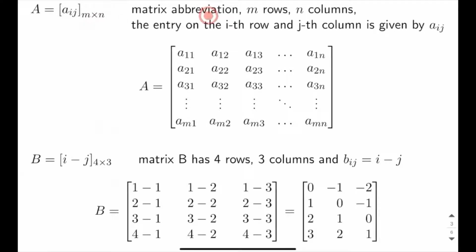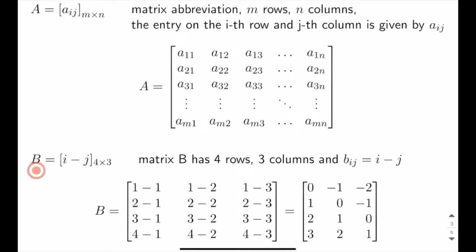This is an abbreviation for writing a huge matrix. Of course, this little m stands for the number of rows, this little n stands for the number of columns, and the little aij stands for a formula that is used to compute the entry on the ith row and the jth column.